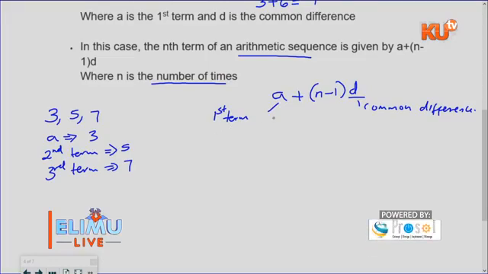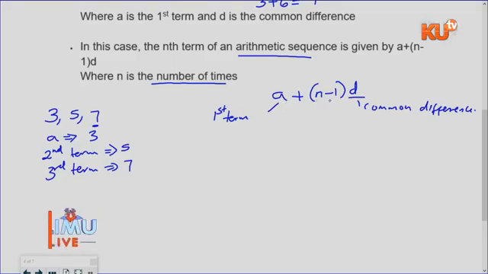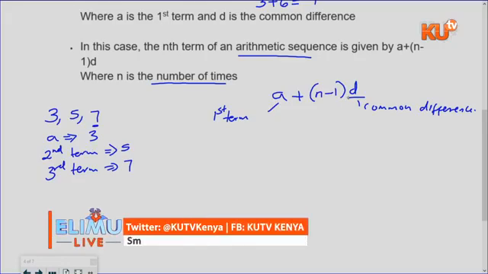I want us to determine the third term, which is 7. We are saying it is the first term plus the number of terms minus 1 times the common difference d. So I will replace it here. My third term implies that n is equal to 3. If you are asked the third term, n is equal to 3.